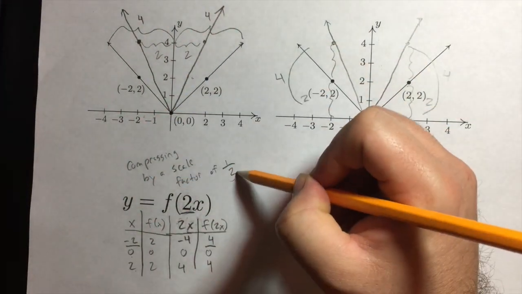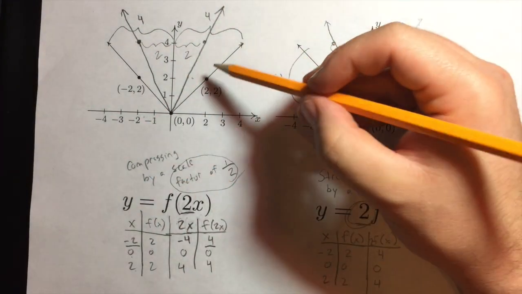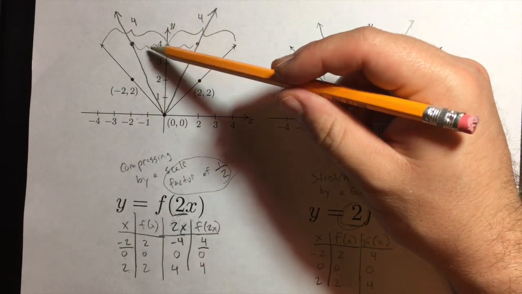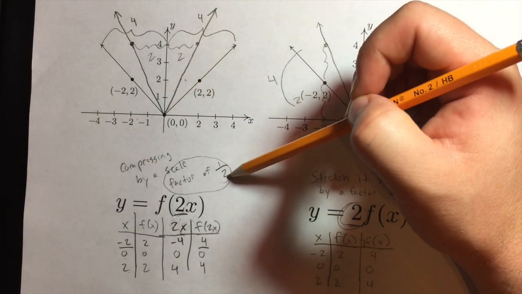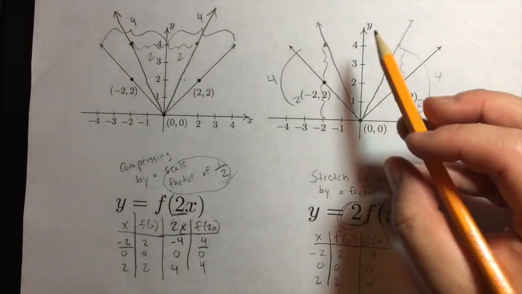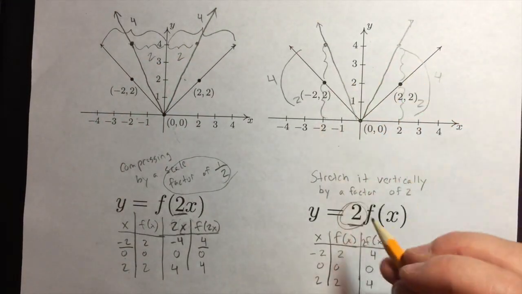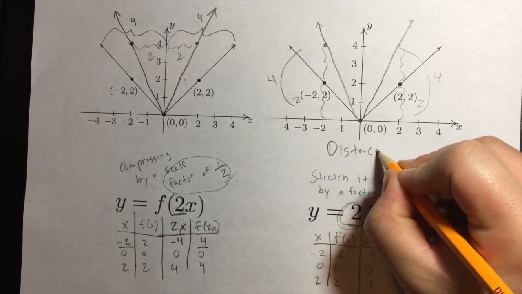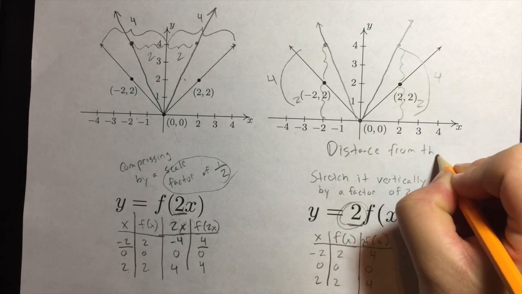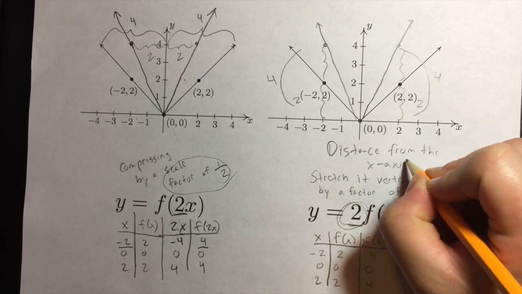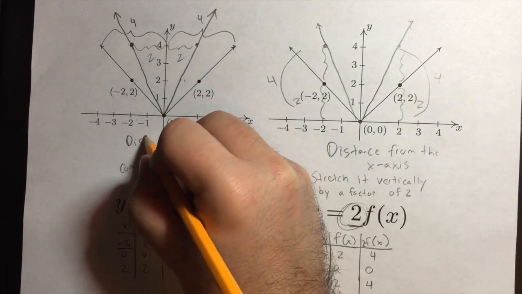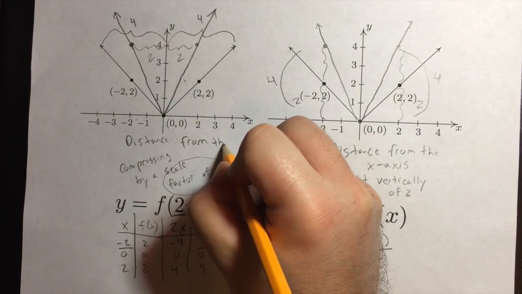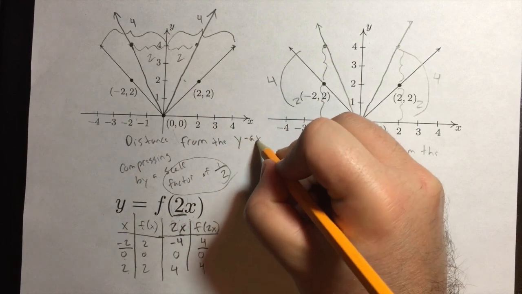So this scale factor is really just taking the distance away from the axis, either dividing it by 2, or, like here, multiplying by 2. So here, it's all about distance from the x-axis. Here it's all about distance from the y-axis.